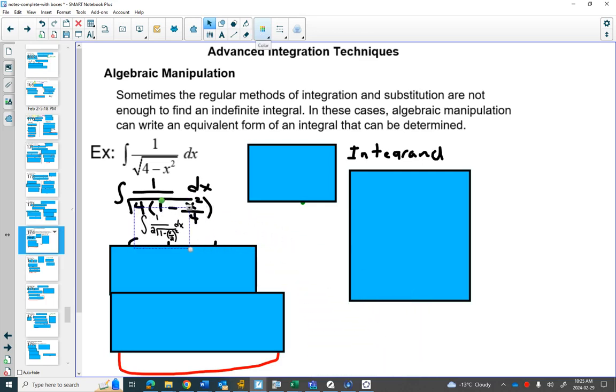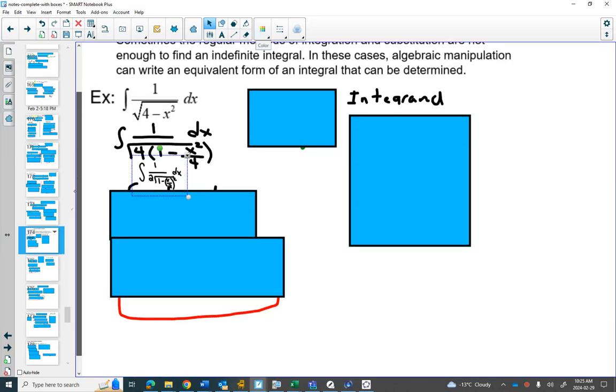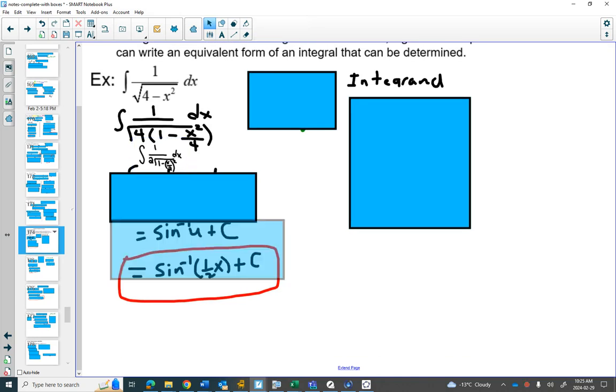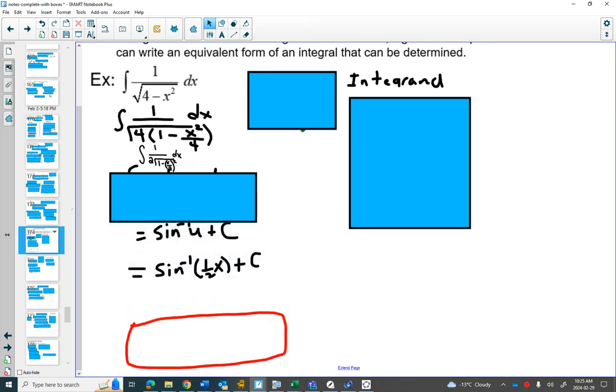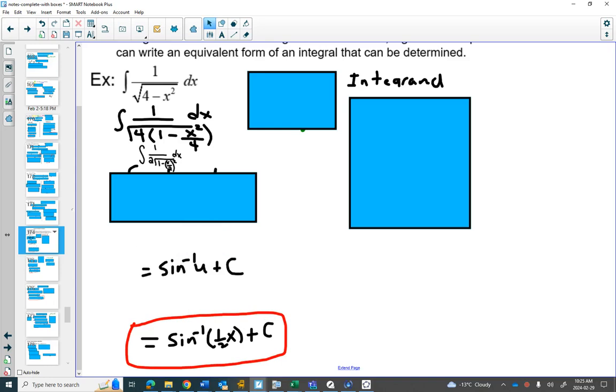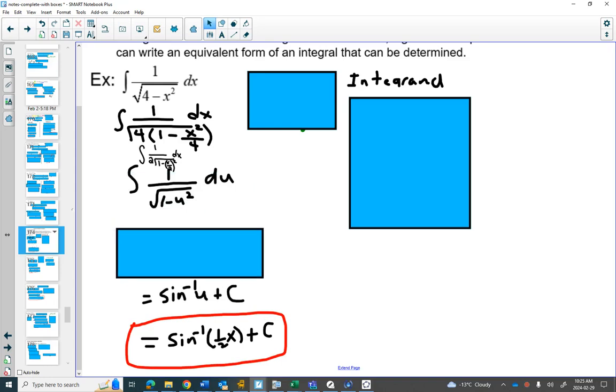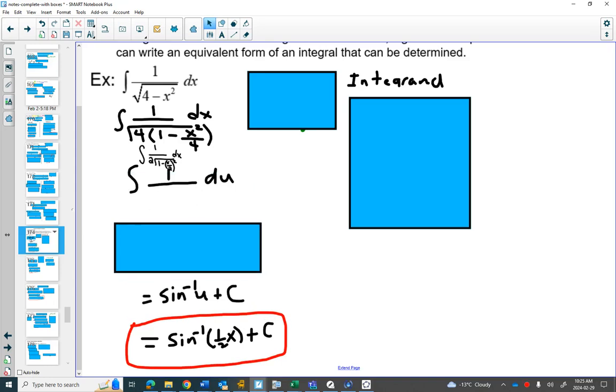I'll just put that in there where you would put it in your notes. I'm going to rearrange things here a little bit.